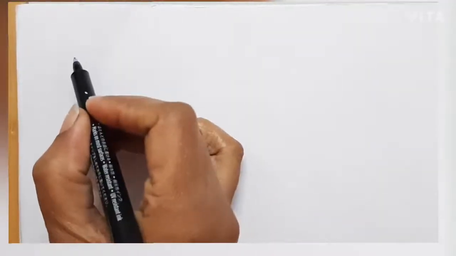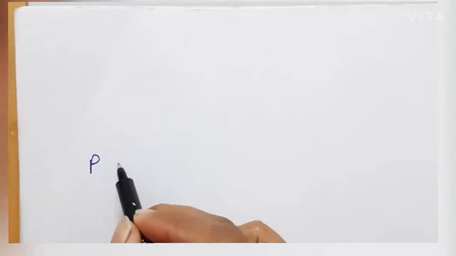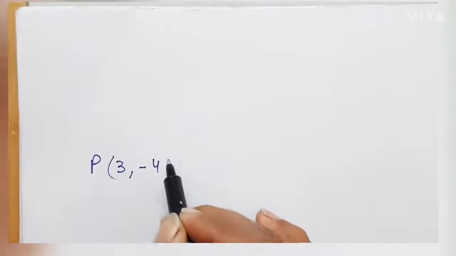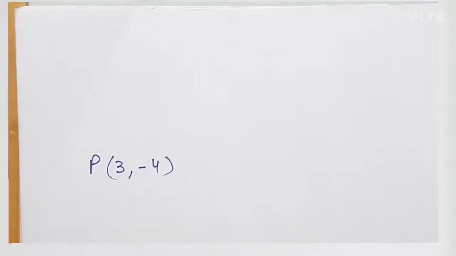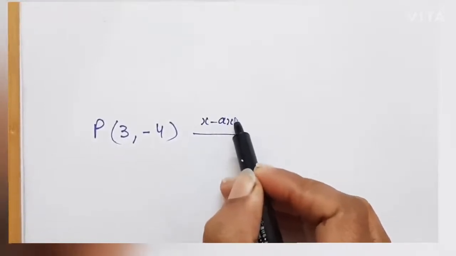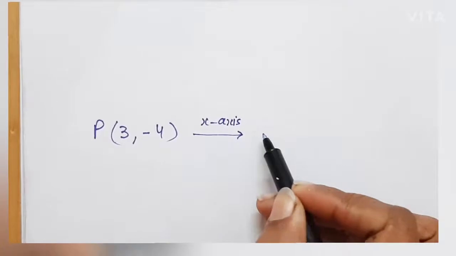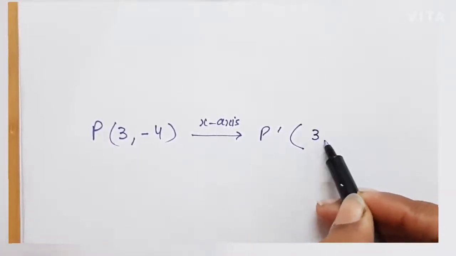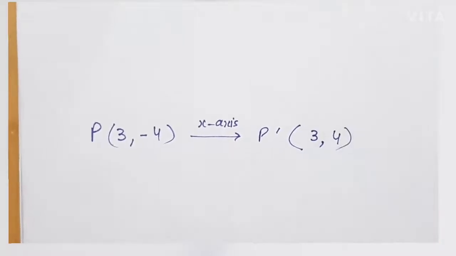Let us consider an example. Let a point P be (3, minus 4). So, when you reflect this point (3, minus 4) in x-axis, then it will become P dash (3, 4). Clear?